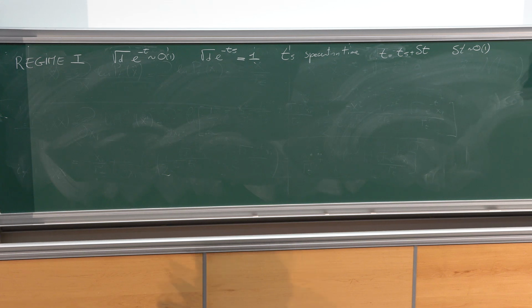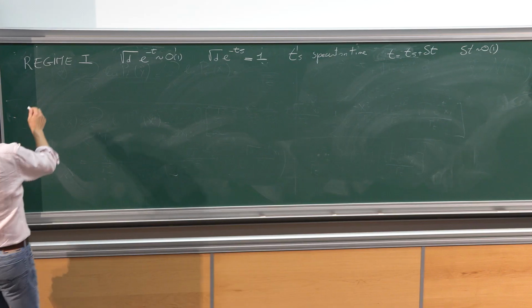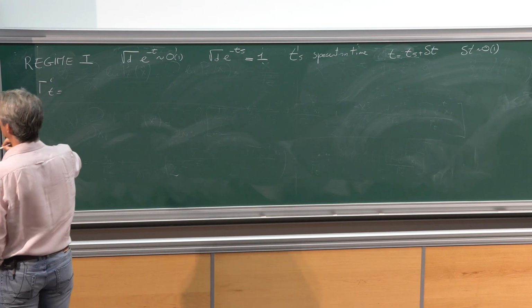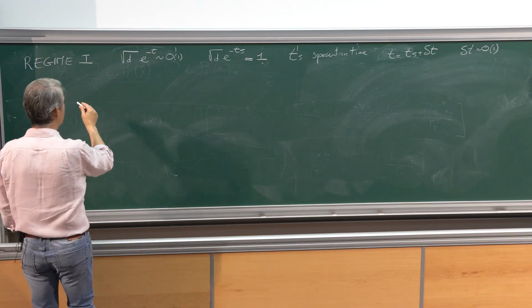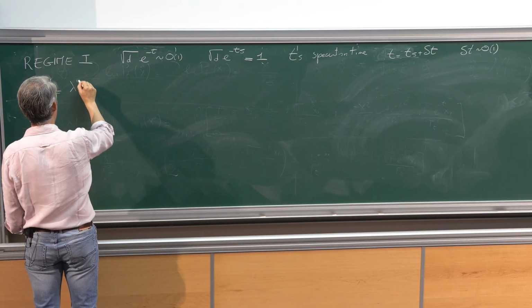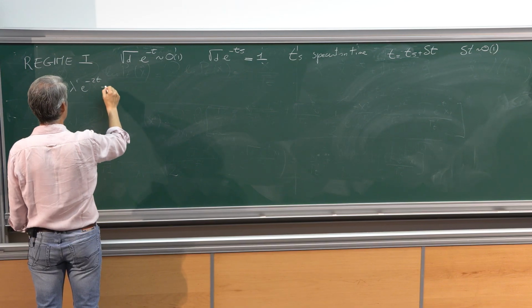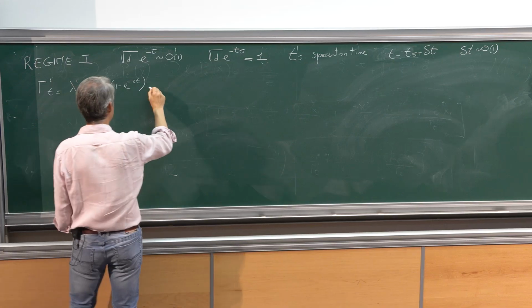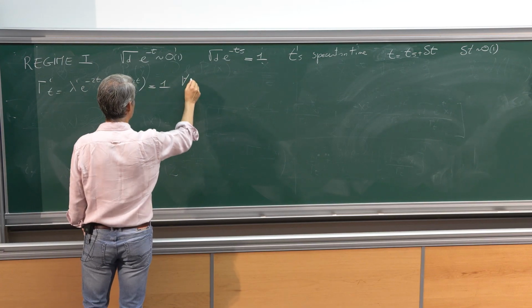So let's see in regime 1 what the equations are doing. As Gerard said, let's look at gamma i of t. Gamma i of t, that I wrote, was I think lambda i exponential minus 2t plus 1 minus 2t. Well, in this regime, it's just equal to 1 for all i.